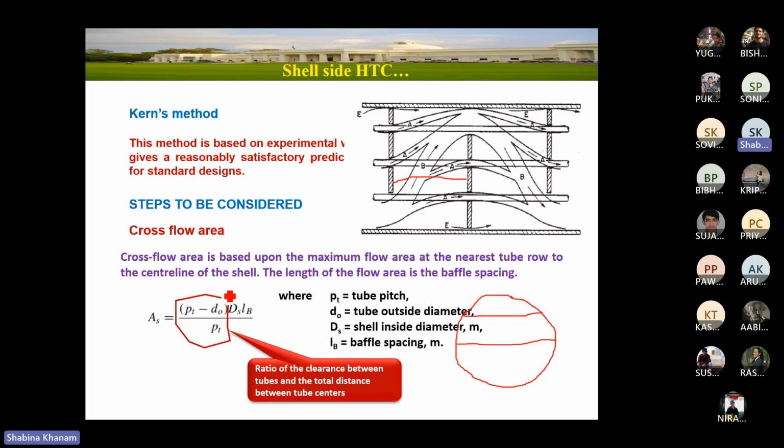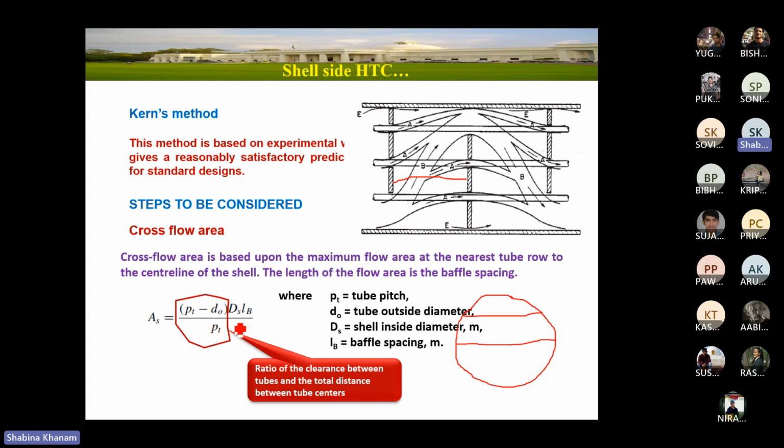Divided by PT, this is the factor which denotes the flow percentage, or flow fraction, between two consecutive tubes.